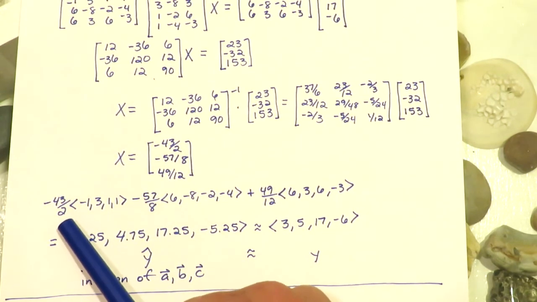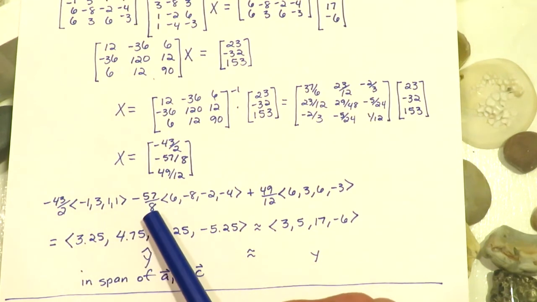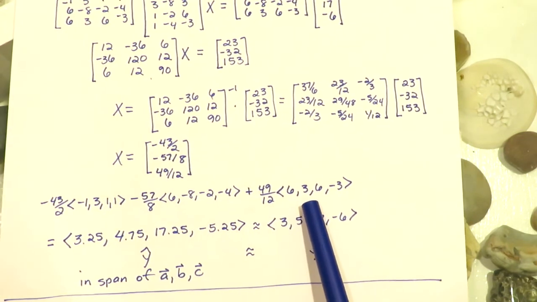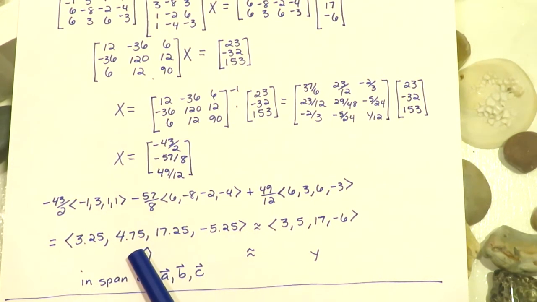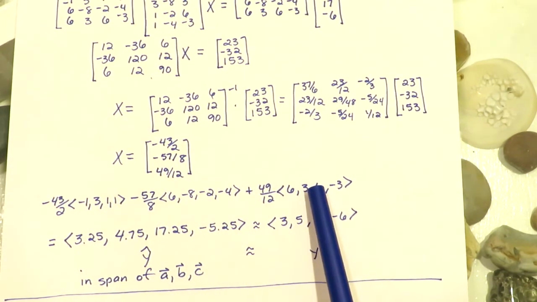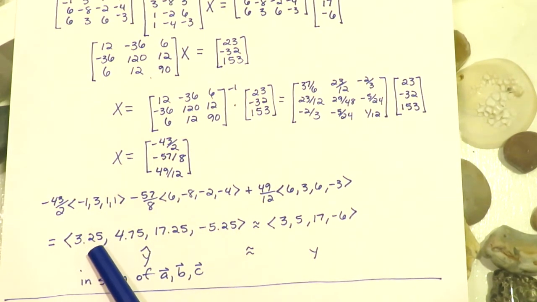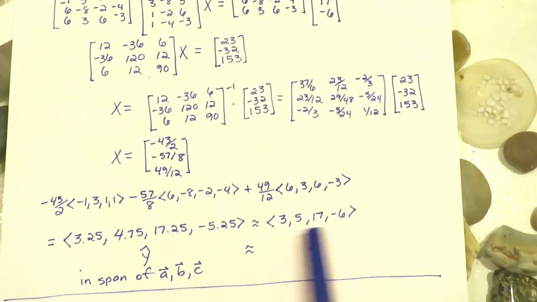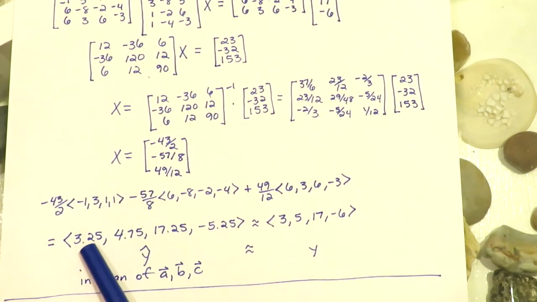So -43/2 times 3, added to -57/8 times -8, added to 49/12 times 3, gives us the 4.75. So in the three-dimensional space in R4 that is spanned by these original vectors, the closest point in that space to 3, 5, 17, negative 6 is this point.